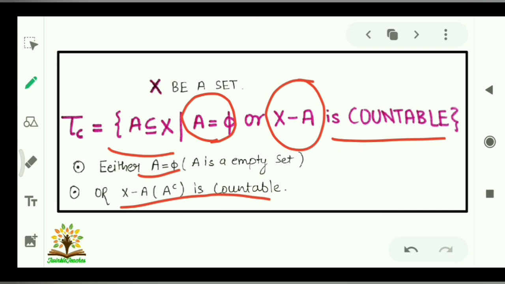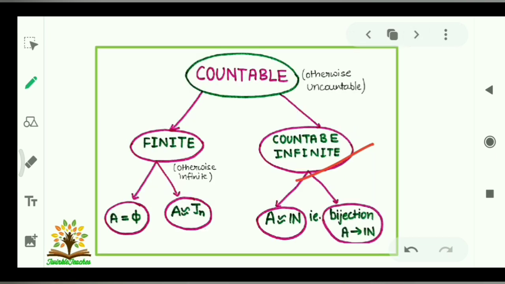Such type of elements are only contained in co-countable topology. And let me tell you, what does it mean by countable? Countable means either finite or countably infinite.